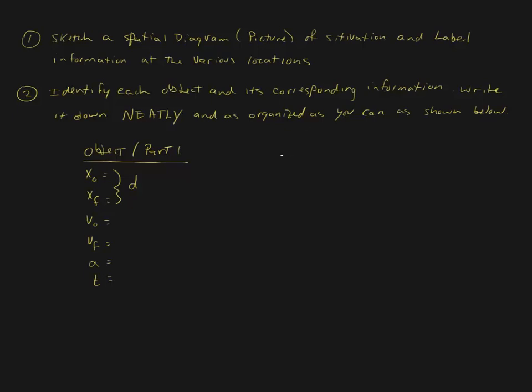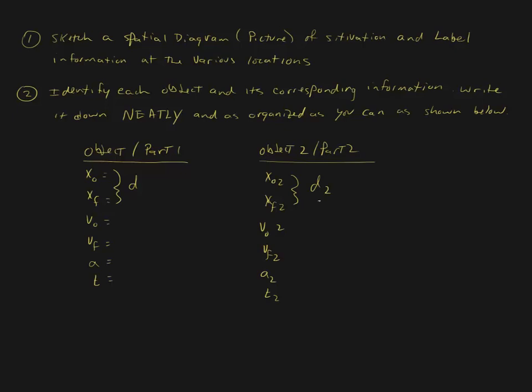Then if you have a second object or a second part, you're going to do all this stuff again. So you'll have X initial 2, X final 2, V initial 2, V final 2, A2, and T2. And these two terms come together to form D2.